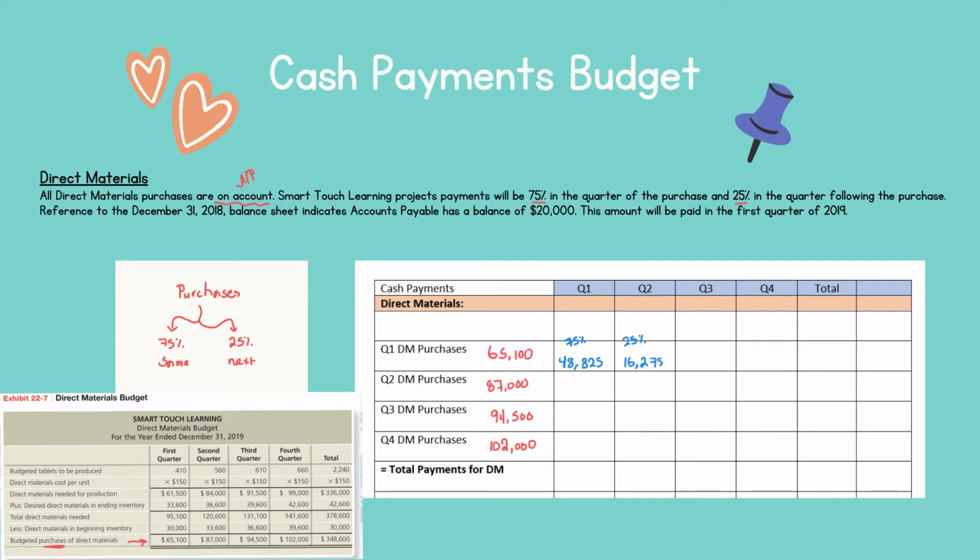Now quarter 2 purchases, 87,000, will be paid 75% in the same quarter, which is quarter 2, and 25% in the following one. So we're going to multiply 87,000 by 75% and 25%. So it's going to be 65,250 and 21,750.